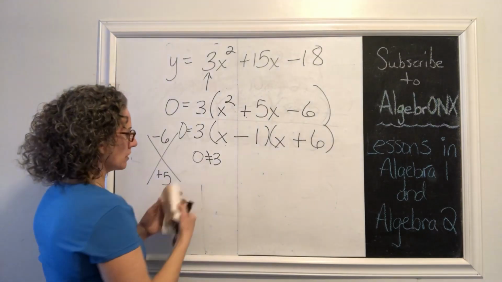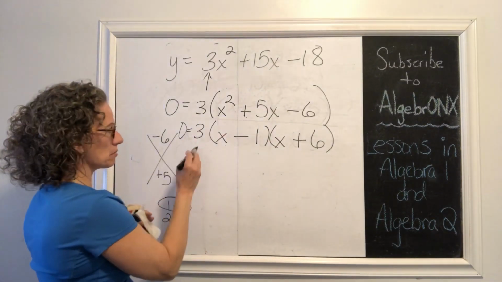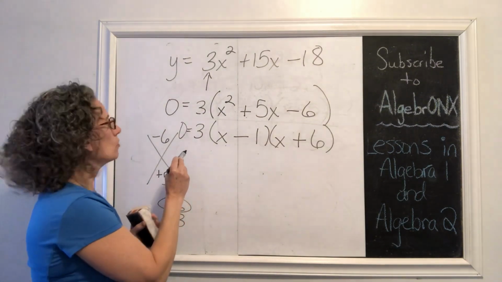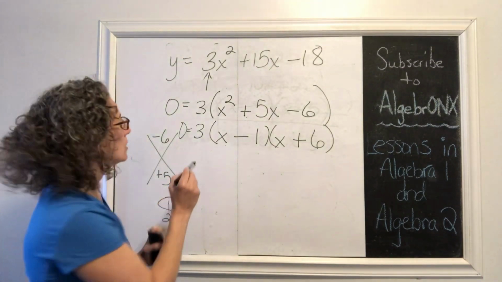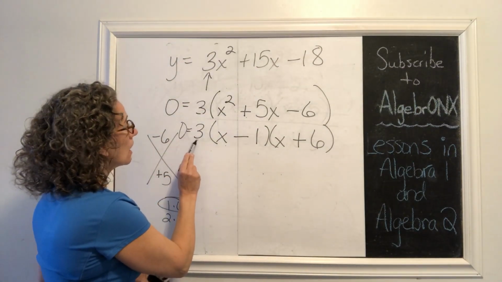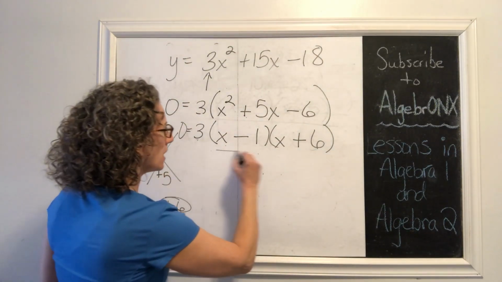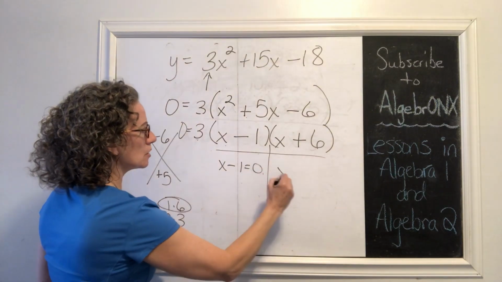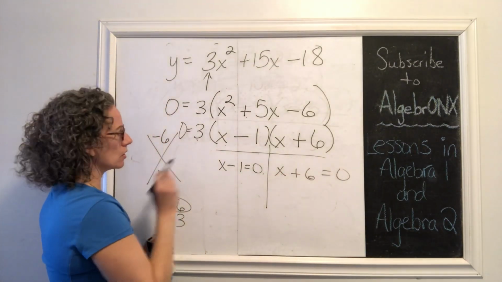What you could think of it like this is, if I were to divide both sides of the equation by 3, then this 3 would cancel to a factor of 1, and 0 divided by 3 would still be 0. So a constant factor will not have an effect on the other factors, and so I will just break this open, set them each equal to 0.